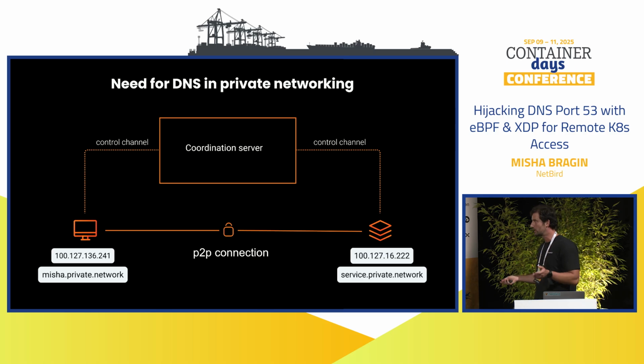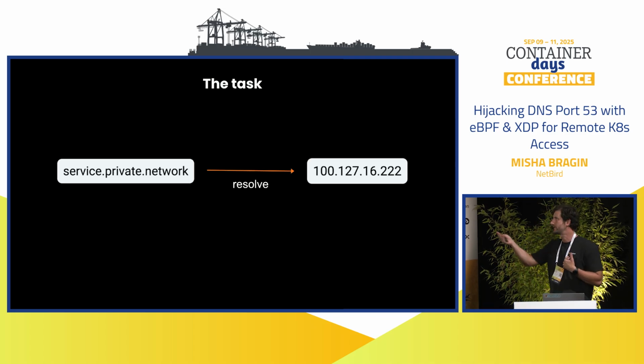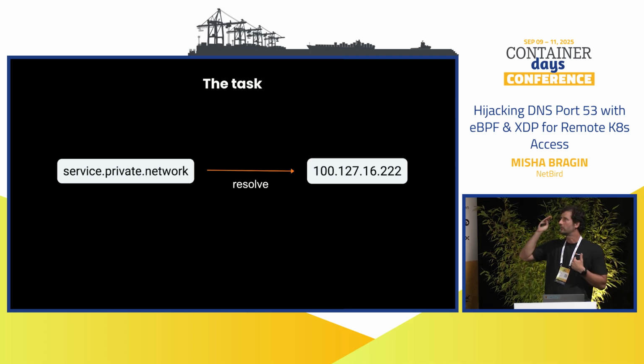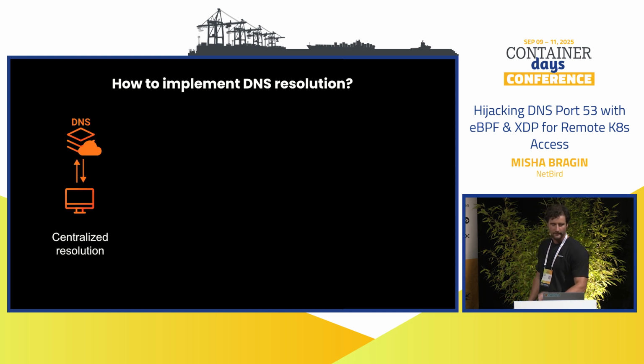And to make it even more convenient, this coordination server can send a private name that is also assigned to each of the machines. And our task in the end was to just do this simple thing, resolve a private name into a private IP address. So it looks like a dictionary or a map in Go, and a very, very easy thing.